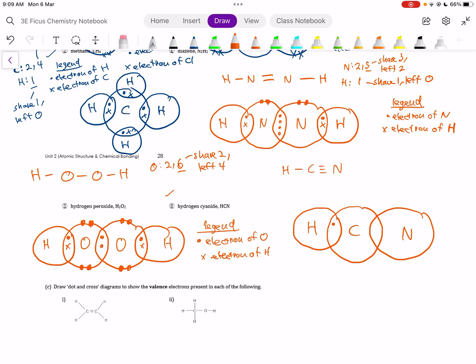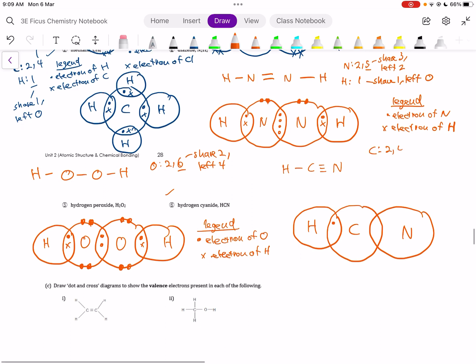Carbon is 2,4, so share 4, left nothing. Nitrogen is 2,5, share 3, left 2. Hydrogen of course shares 1, left nothing.